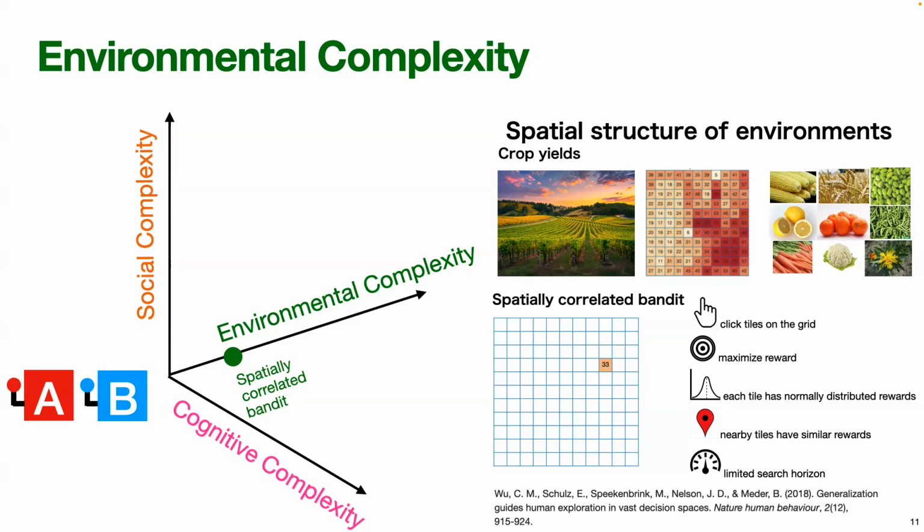So in this spatially correlated bandit task, the option sets are shown as a grid, and each grid cell represents a different option. But nearby options tend to be similar, and distant options could be totally different.